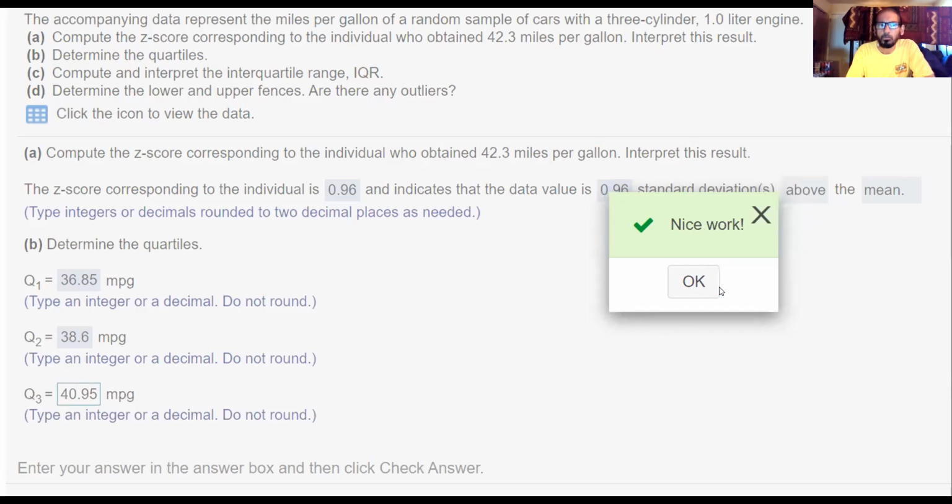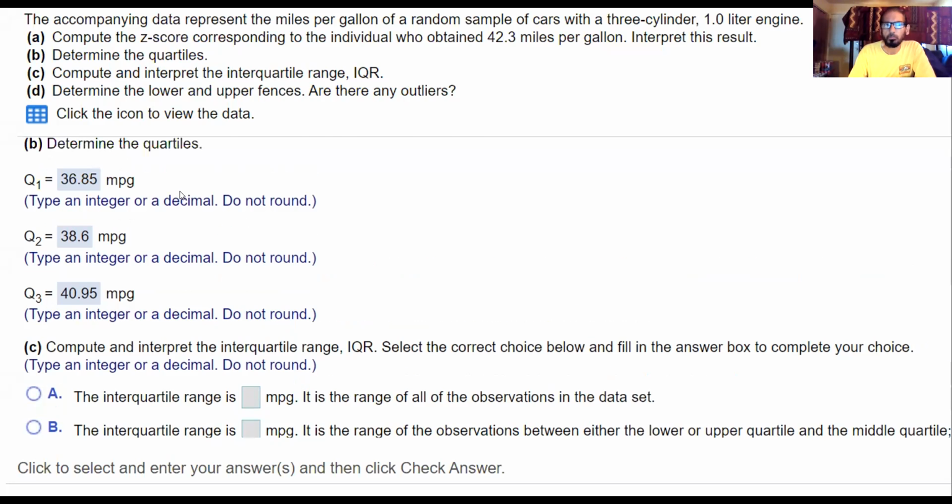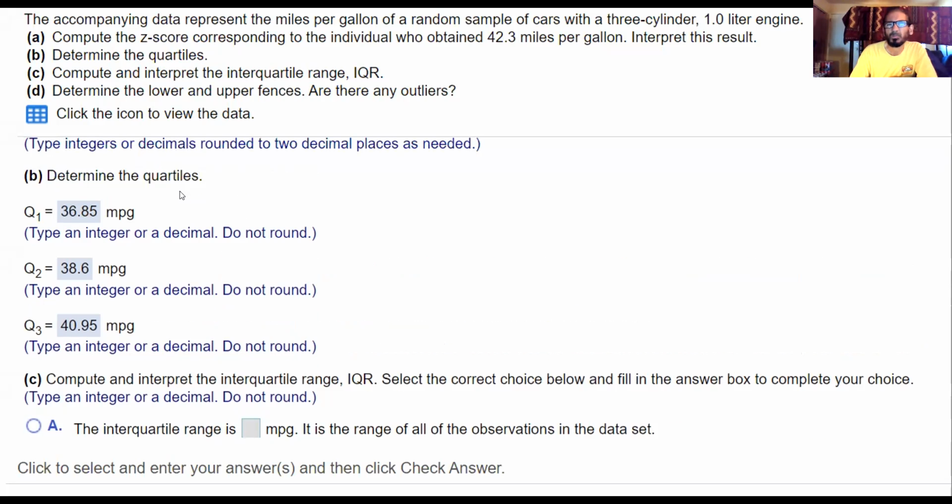So if I subtract quartile 3 minus quartile 1, I'm going to get the interquartile range, which should be 4.1.